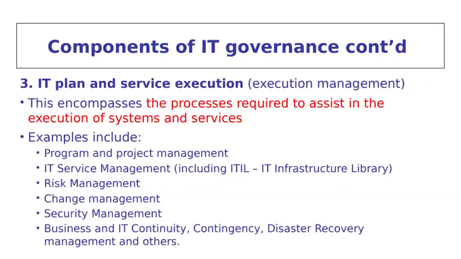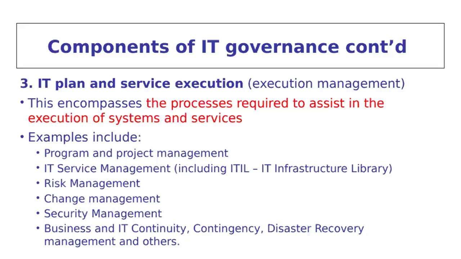Then we have the execution management, which is IT plan and service execution, which encompasses the processes required to assist in the execution, such as problem and project management, IT service management, which we already talked about, ITIL, remember, Information Technology Infrastructure Library, risk management, change management, and so on.